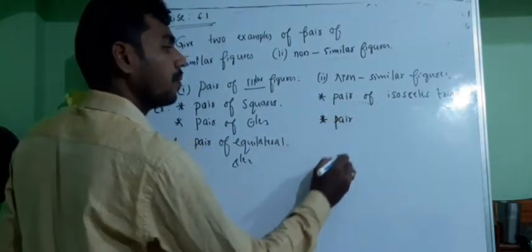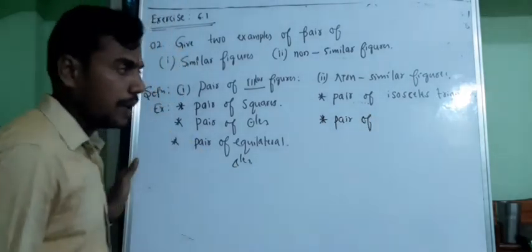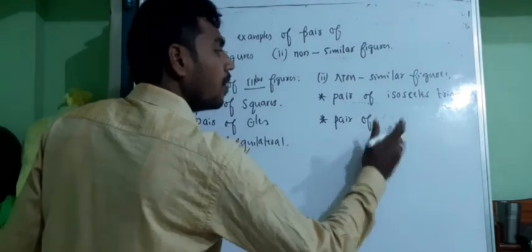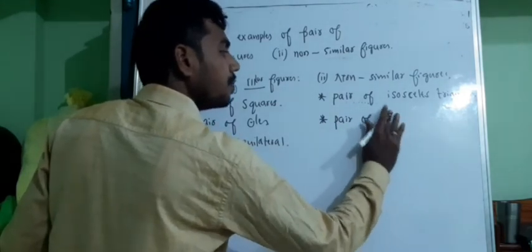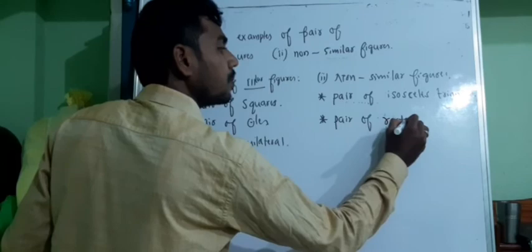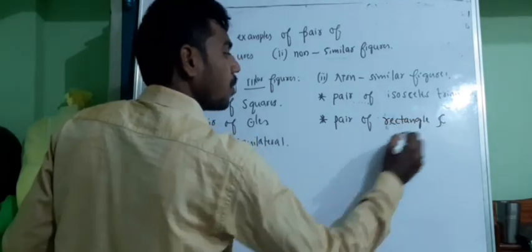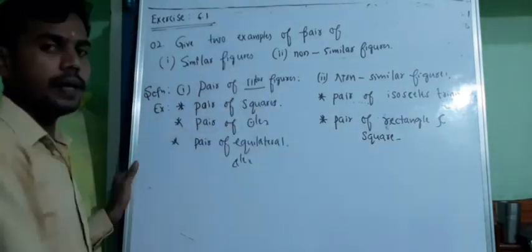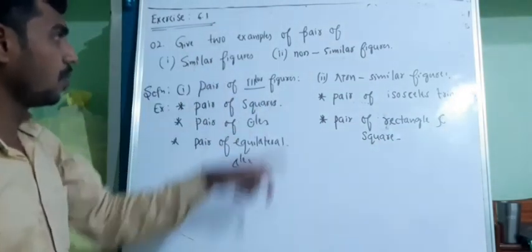A pair of rectangle and square will not be similar. So please note this down.